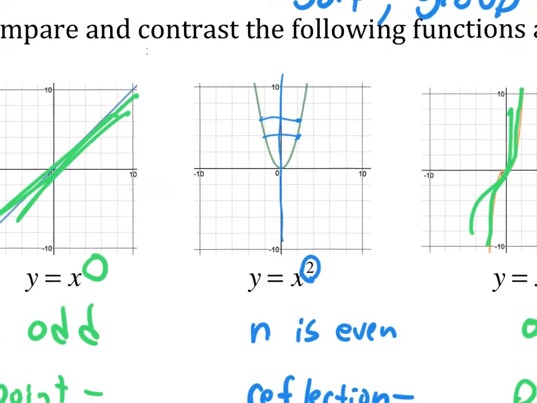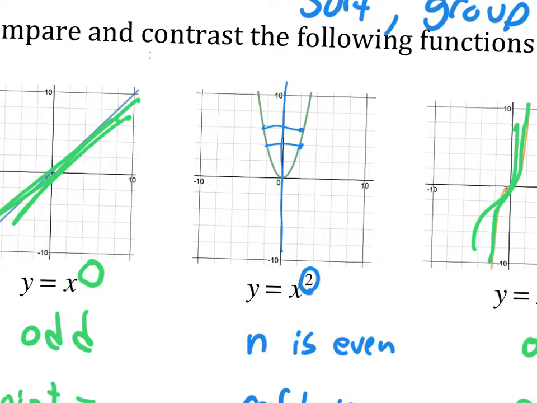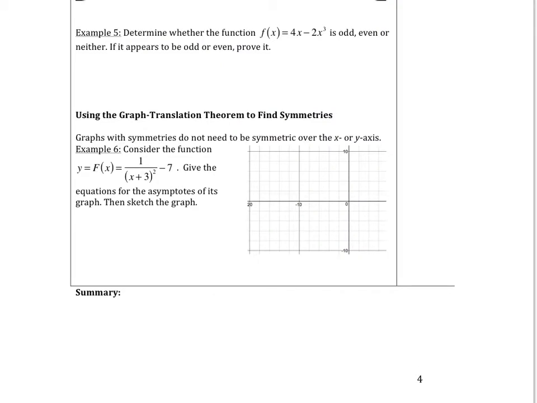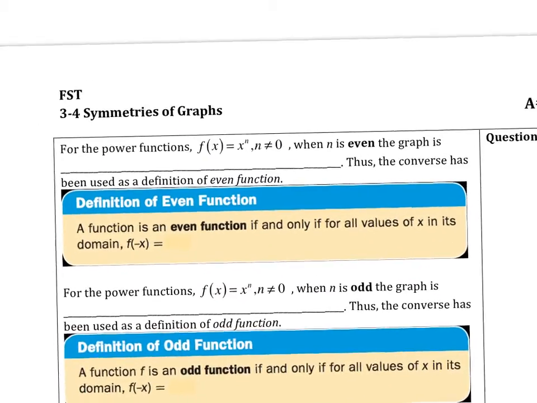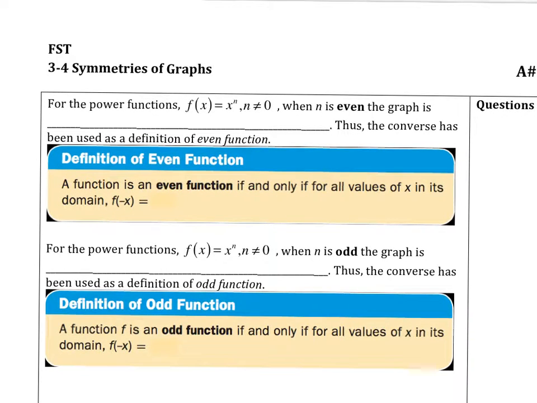So here's where definitions come into play on the next page. Using that information, for the power functions, f of x equals x to the n, where n can't be 0, when n is even, we notice that the graph is reflection-symmetric.